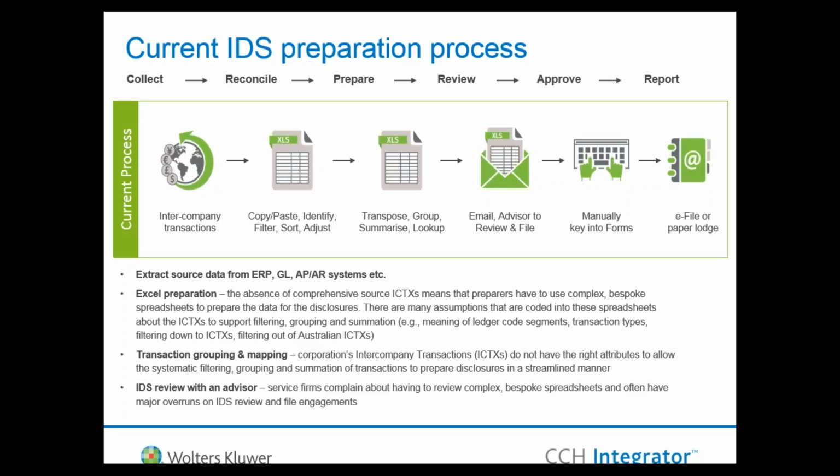You've got to use pivot tables and VLOOKUPs and other functions within that process as well. And there's a lot of risk attached to it with very little audit trail. And I think, Jim, we certainly found, speaking with a number of corporate taxpayers, this is really the most high risk area for them in their tax return preparation process.